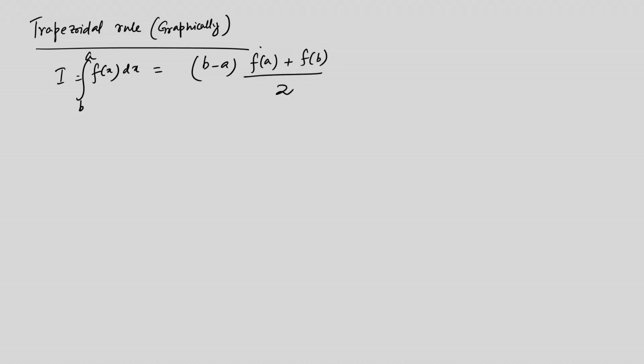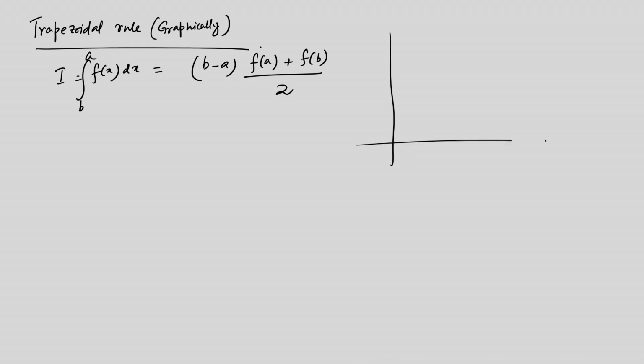So we have I equal to the integral of f of x from a to b dx, which according to the trapezoidal rule has h equal to b minus a, and the average value of f a and f b divided by 2.